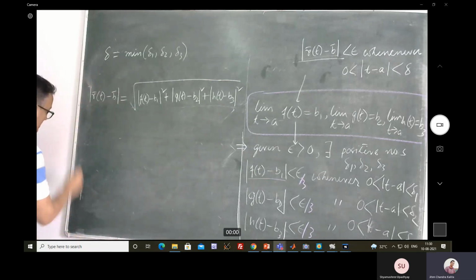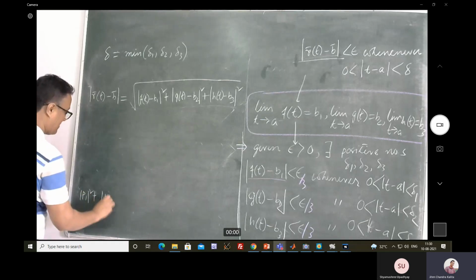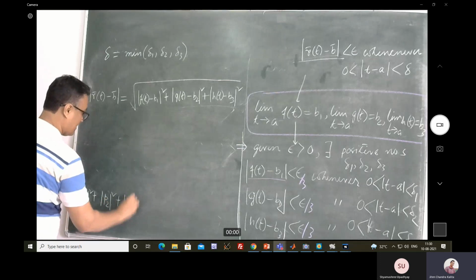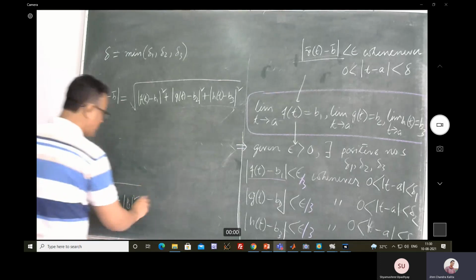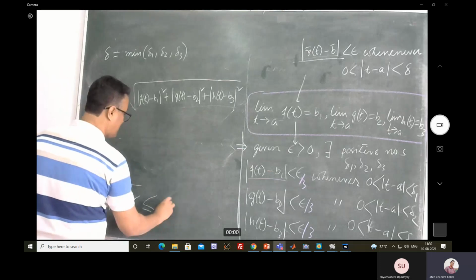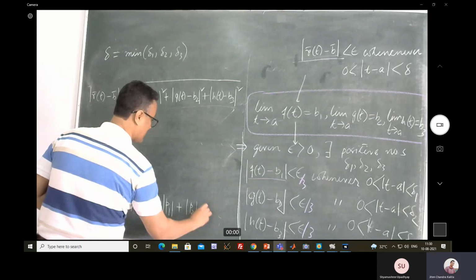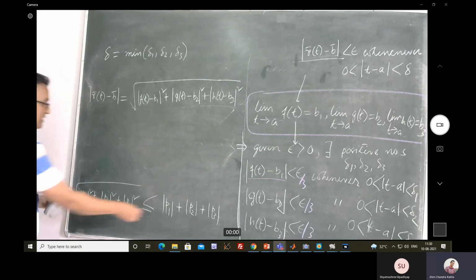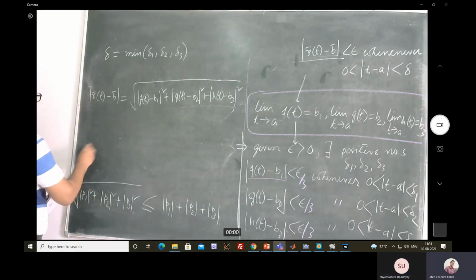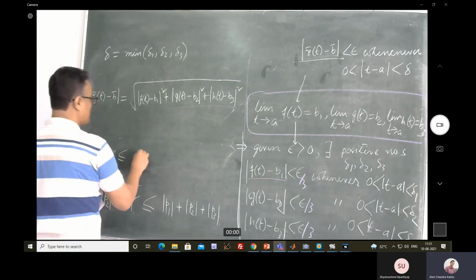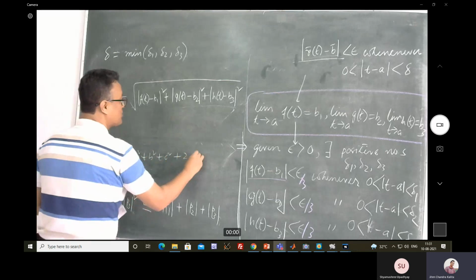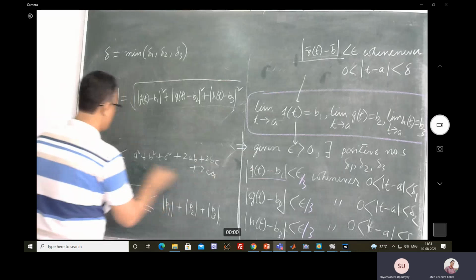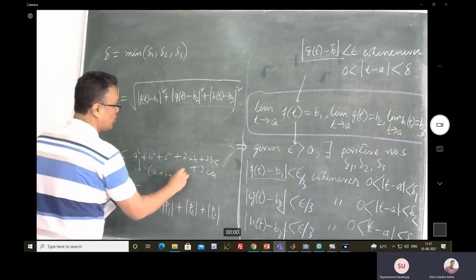See, suppose I consider three positive numbers A, B, C. If A, B, C are positive, then definitely A square plus B square plus C square is less than or equal to A square plus B square plus C square plus 2AB plus 2BC plus 2CA, and this is nothing but (A plus B plus C) whole square.